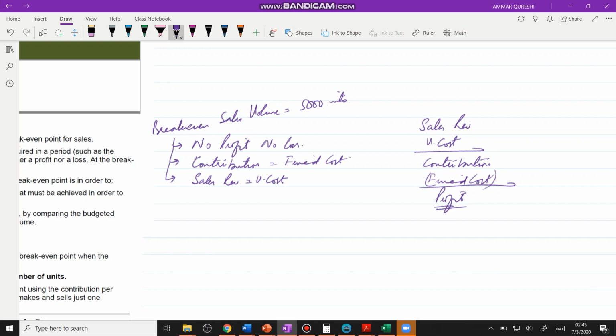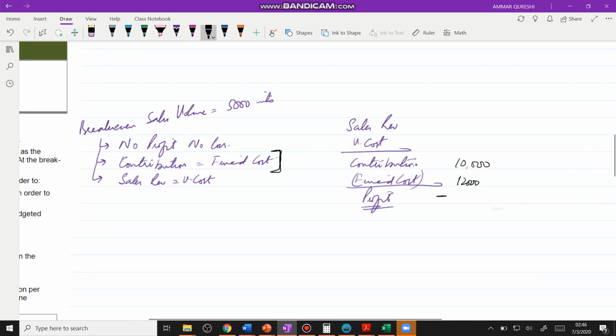Now, this statement is saying that at break-even point you have no profit, no loss, zero profit, zero loss, and your fixed cost will be equal to contribution. Now what do you mean by this? See, if contribution is $10,000 and your fixed cost is $12,000, there will be a loss for the company.